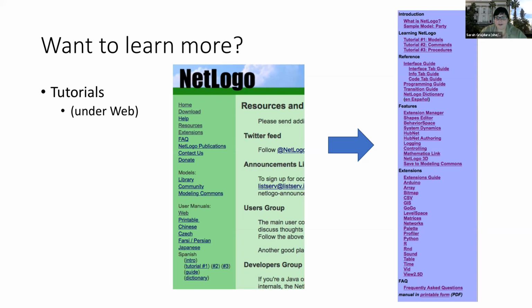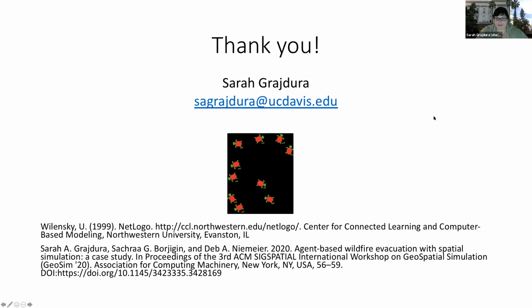And if you click web, it has information about all the different extensions and extra features, like the 3D modeling and stuff that I was talking about. So yeah, that's about it right now.